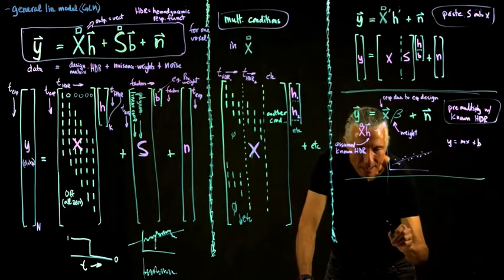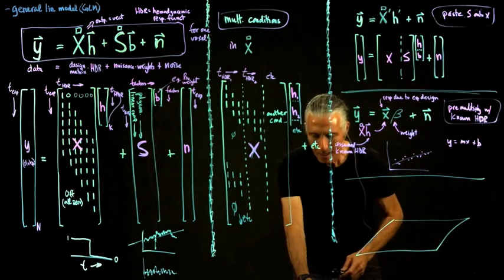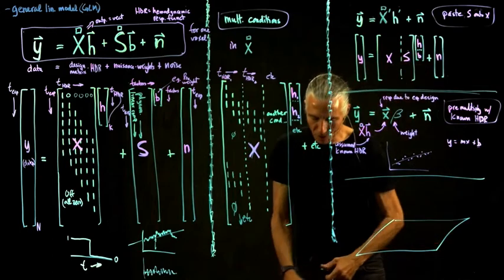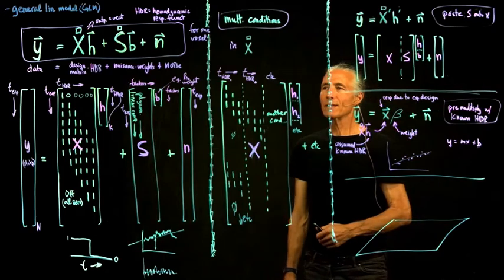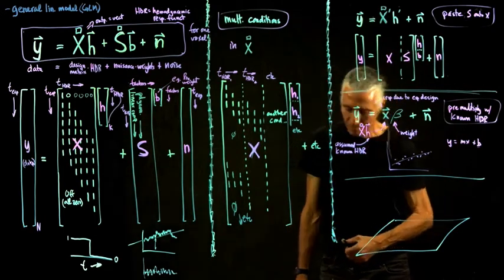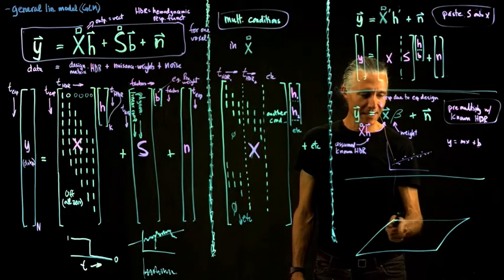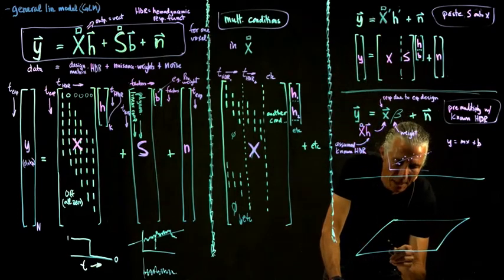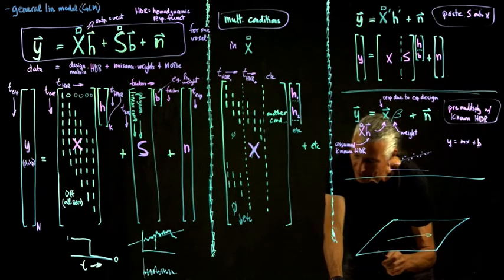Let's just imagine, for the time being, we'll forget about the nuisance, and we'll just imagine a two-dimensional space. This two-dimensional space is basically the space of all things that we could explain. What are the dimensions of this space?